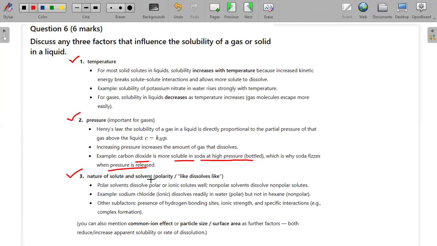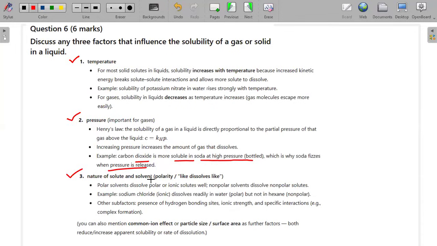When you talk about the solvent, it will depend on whether the solvent is polar or not polar. If the solvent is polar, then the solute is going to dissolve very well. But for non-polar solvents, it's going to be hard to dissolve. For example, sodium chloride is ionic in nature, right? We know it's going to separate into the sodium ions and the chloride ions.